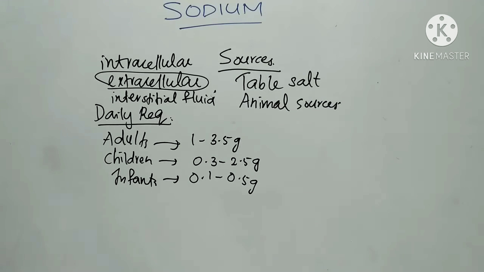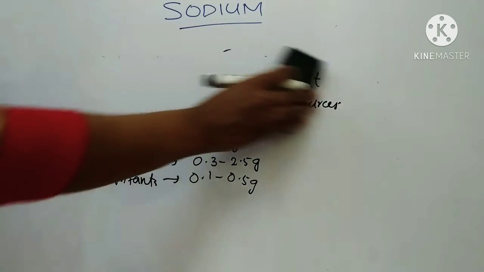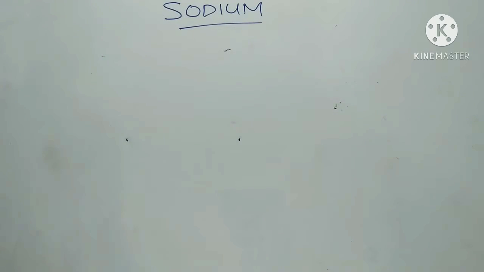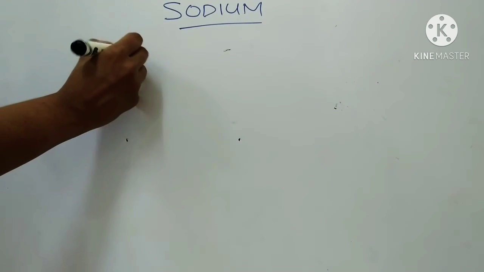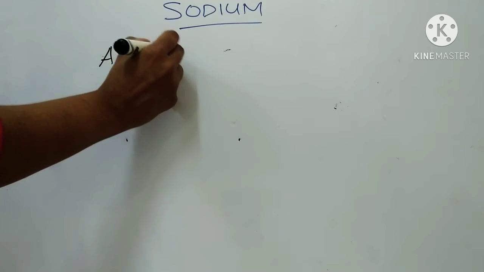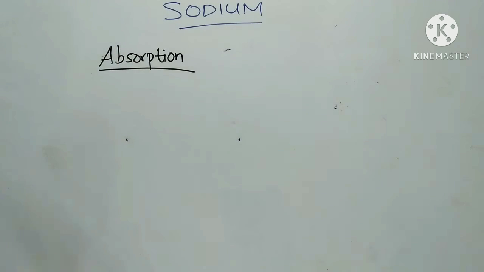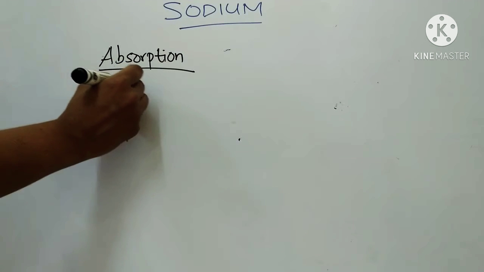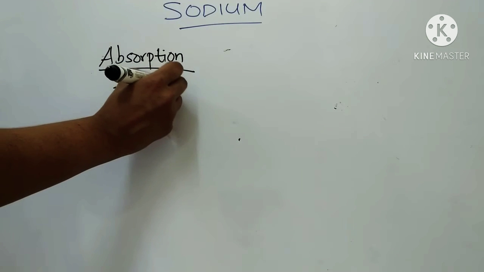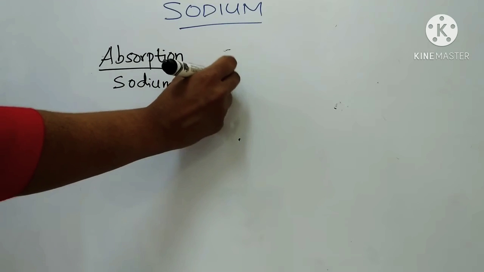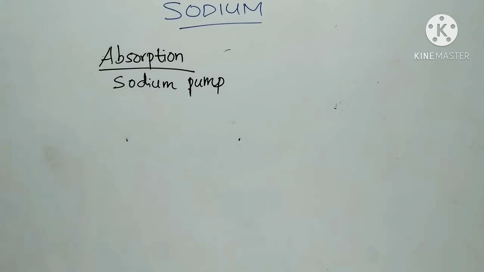Coming to the absorption of sodium. Sodium is absorbed by the sodium pump. This sodium pump is situated in the basal and lateral plasma membrane of intestinal and renal cells.